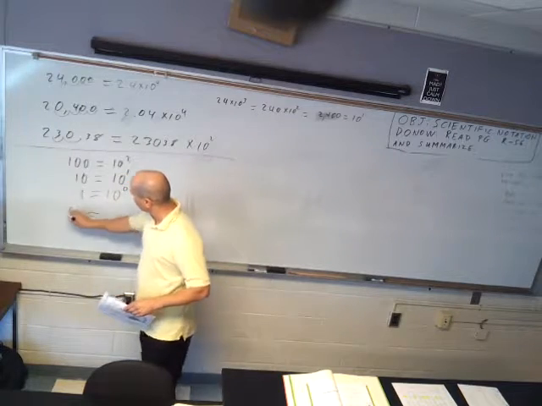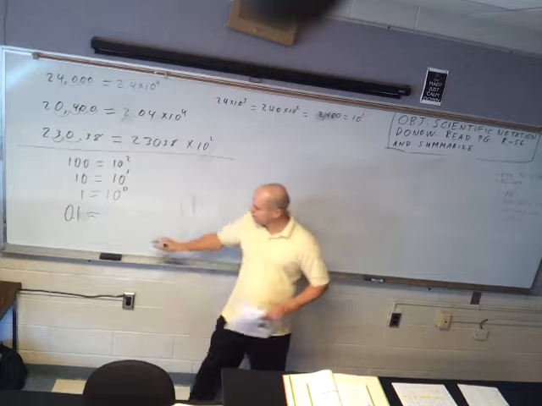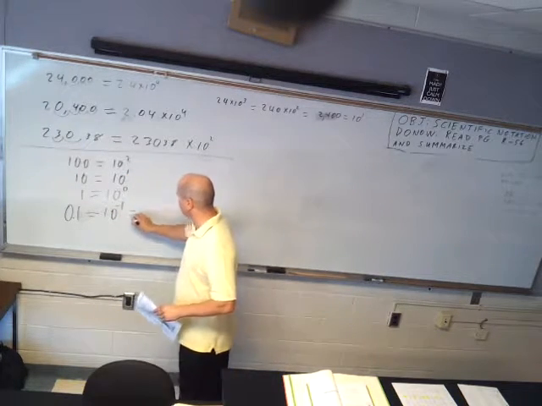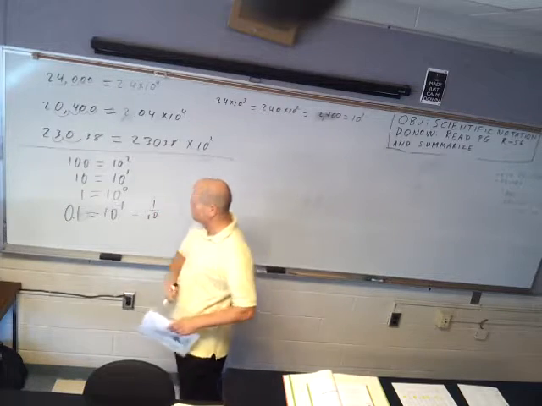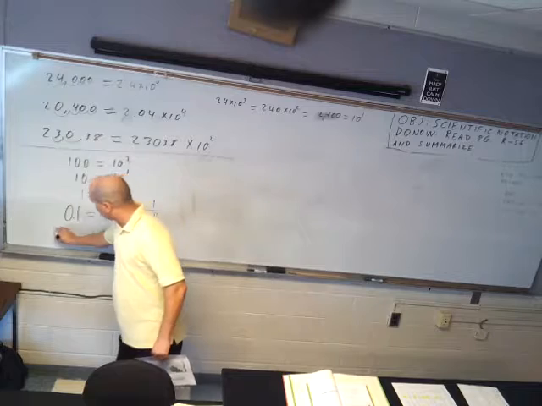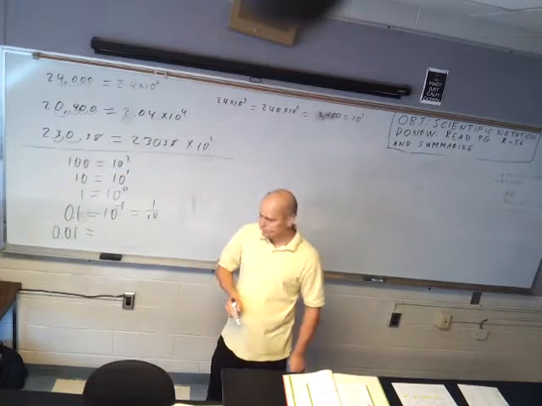What if I divide this by 10? I get 0.1. What's that got to be? Negative 1. 10 to the minus 1. Which, by the way, is the same as 1 over 10, right? You can write it either way. What if I divide this number by 10? I get 0.01. What's that going to be? 10 to the minus 2.